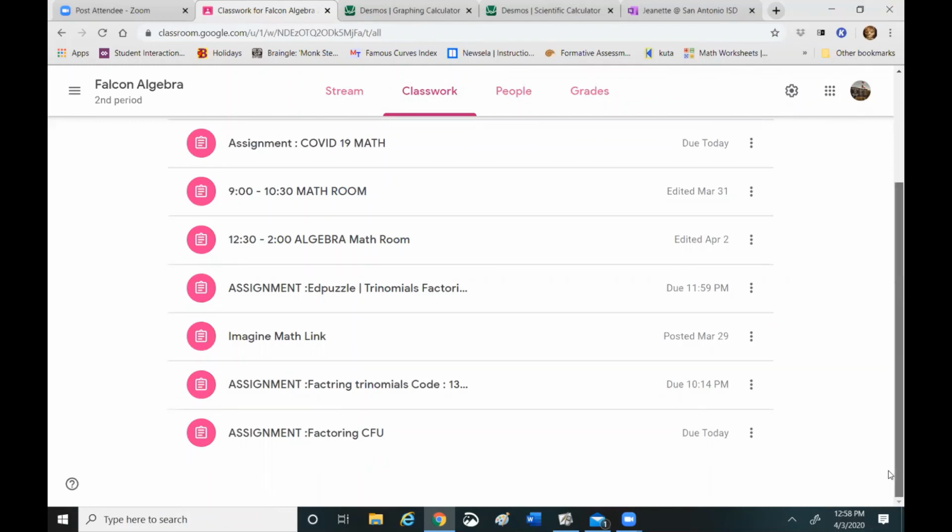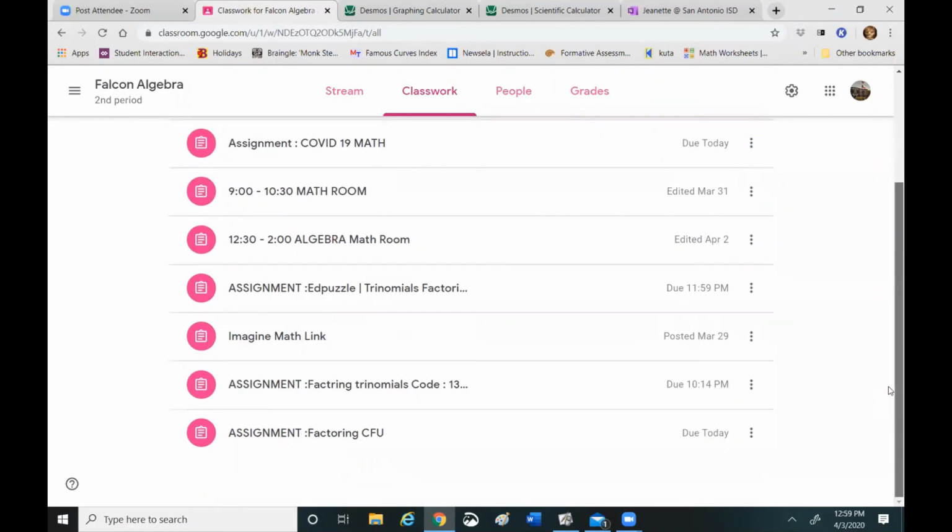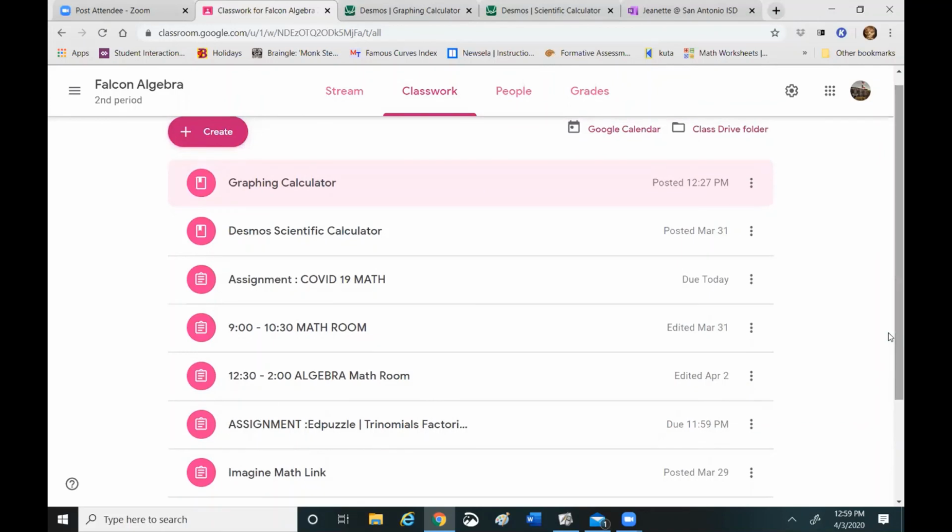Let me see where I'm at. So I will be in here. I'll be in this math room till 2 o'clock. At 2 o'clock, I'm gonna change what classroom I'm in. I'm gonna go to this one class. I gotta put it on here for y'all. It's gonna say Falcon Nest Time. Let me just do it.